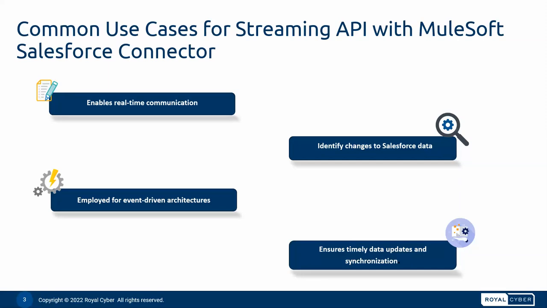The Streaming API in Salesforce is considered event-driven because it allows developers to subscribe to specific events and receive real-time notifications when those events occur. This ensures timely data updates and synchronization, enhancing the overall efficiency and functionality of integrated systems, which is crucial for decision making and process automation.